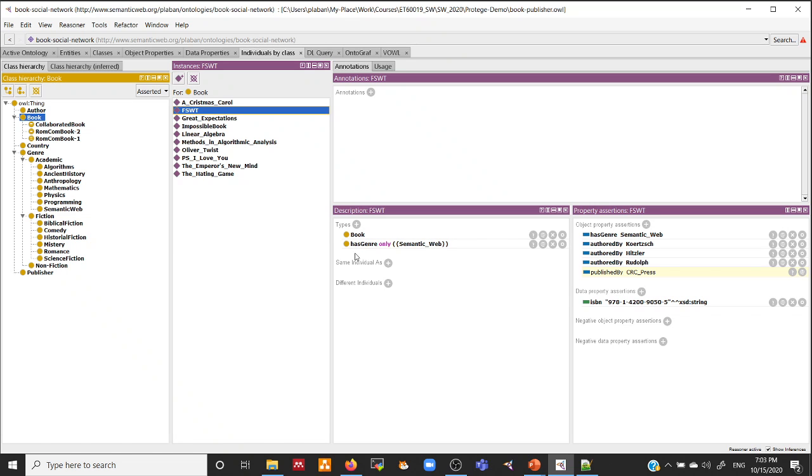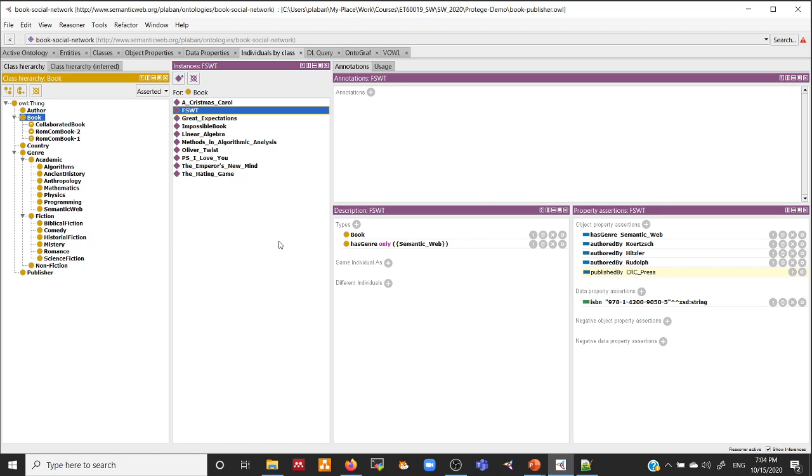Now why is that? This is because of the very thing which we call the unique name assumption. According to this assumption, individuals should have unique names, and that is not followed by semantic web formalism, because the semantic web works under the open world assumption, right?